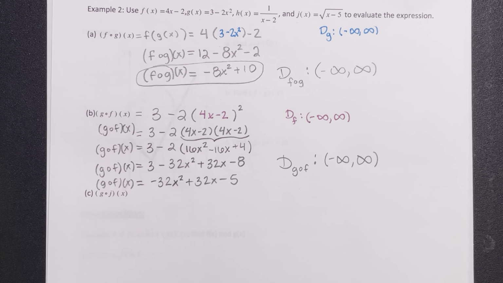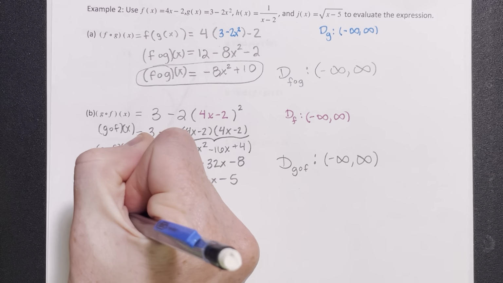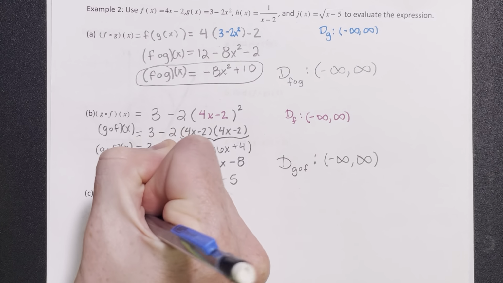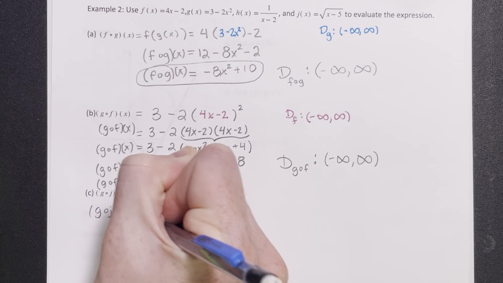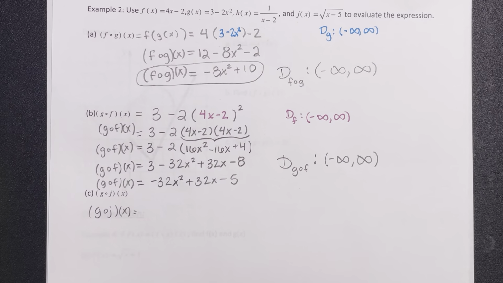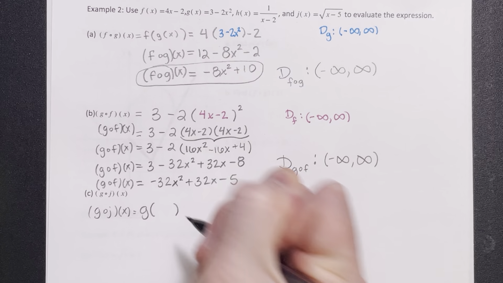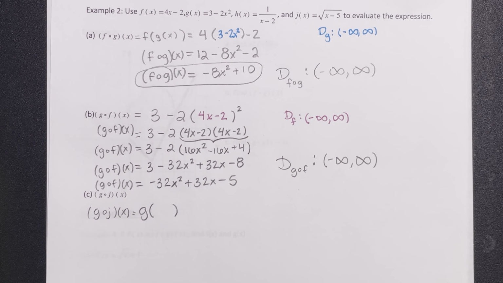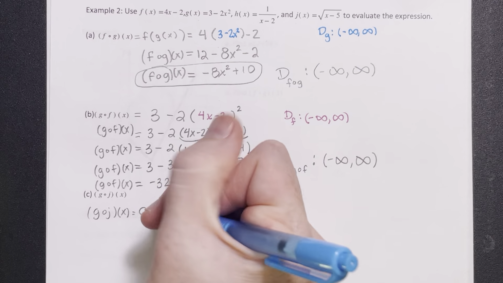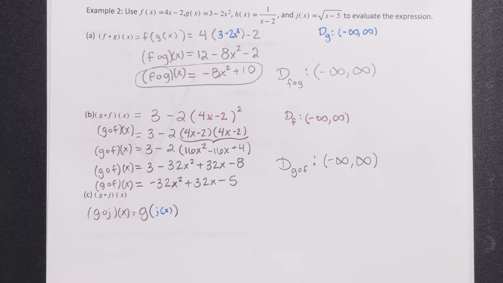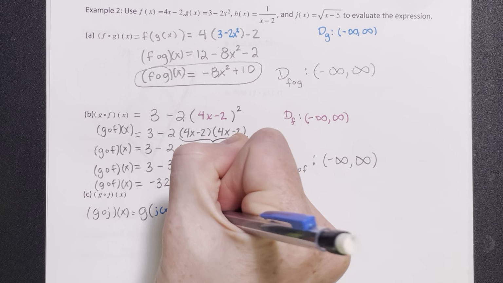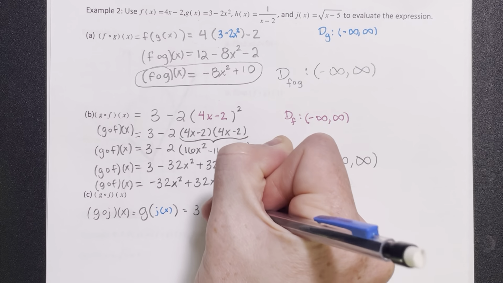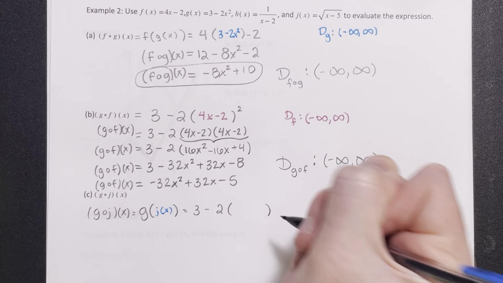All right, g of j, I'm going to write that down here so I have more room. It means I'm starting with our g function and we're putting in j of x. Well, our g function is 3 minus 2x squared.